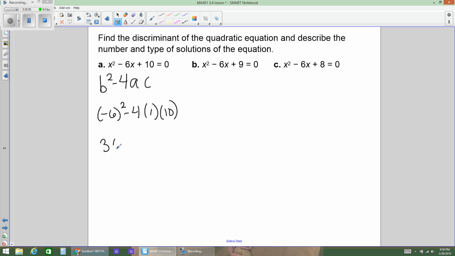So this is 36 minus 40, which is negative 4. So it says find the discriminant. All right, the discriminant is negative 4. What does that tell us? Well, it's negative, which means there are two imaginary solutions.